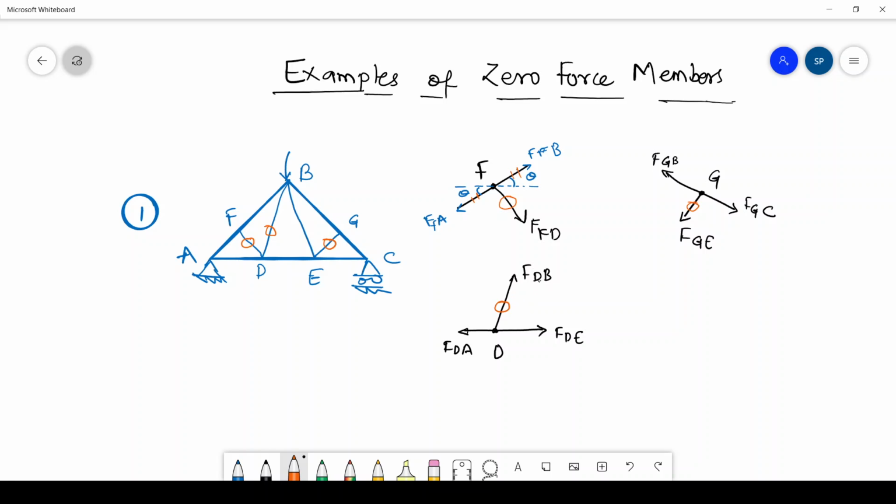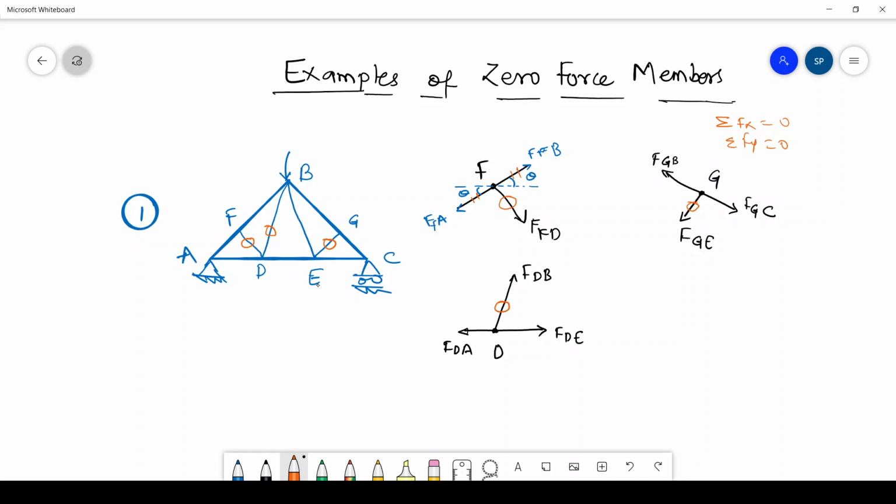Once you directly apply summation Fy equal to 0, you will get force along DB equal to 0. Now in these inclined members, you will have to write down both equilibrium equations for joint F as well as joint G. You will apply summation Fx equal to 0 as well as summation Fy equal to 0, and then you will land up at this value F_GD equal to 0 and F_FD equal to 0. But at joint D, directly if you apply summation Fy equal to 0, this F_DB is going to be 0.